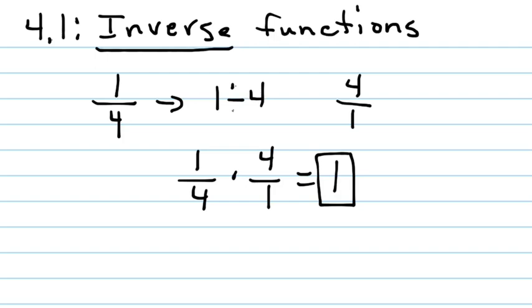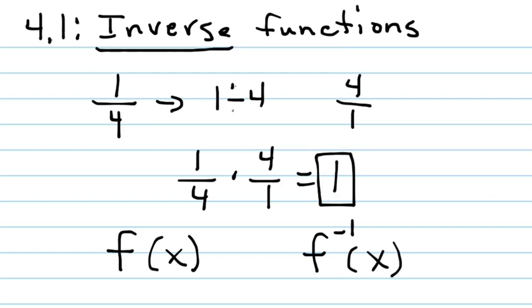And when we're talking about functions, we're going to have a functional notation f of x, right? Well, if you want the inverse, then they just put a little -1 by the f. Okay? This is read as the inverse of f of x, or the function f.